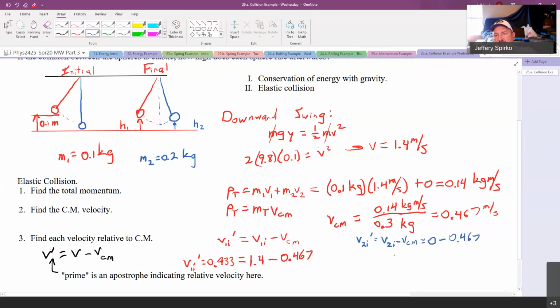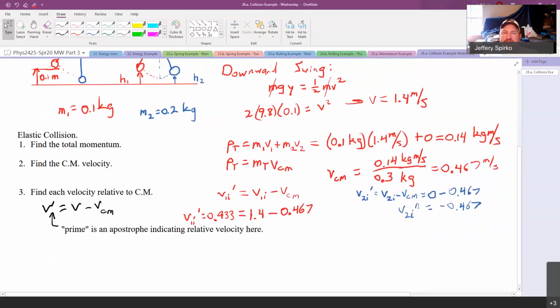And that gives us V2 initial prime is equal to negative 0.467. So now we have both velocities before the collision, that's the I for initial, relative to the center of mass, that's the prime mark. So now we're ready to go into step 4.